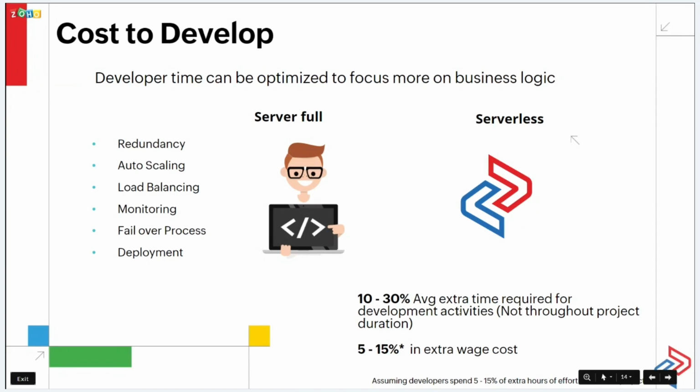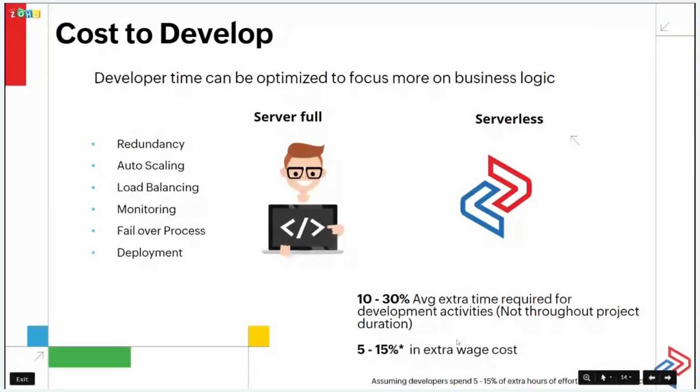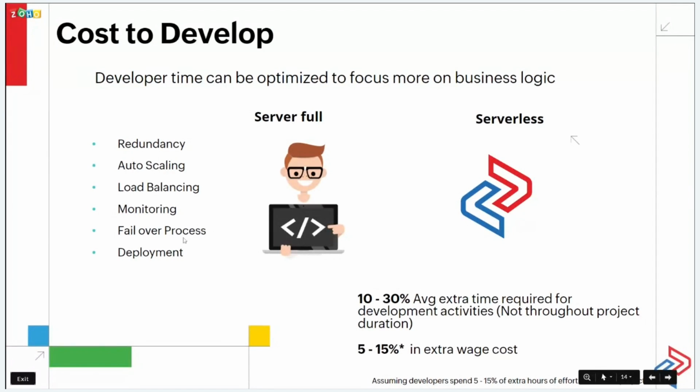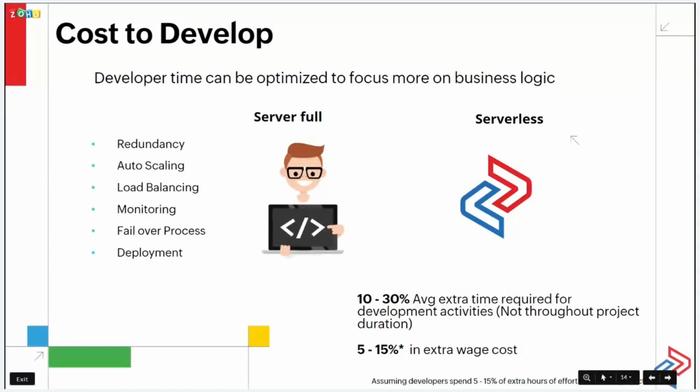So as a fair assumption, we've taken that these activities would be required only for half the time of the project, which would essentially mean that you're increasing your wage cost by 5 to 15%. This is the extra effort that your developer would have to put in to deploy all of these things. Now, it could either be the same developer, or you could hire more developers to do these particular activities that would ideally be handled by a serverless platform. So 5 to 15% in extra wage cost and 10 to 30% in extra time is the number that I want to leave you on this slide with.